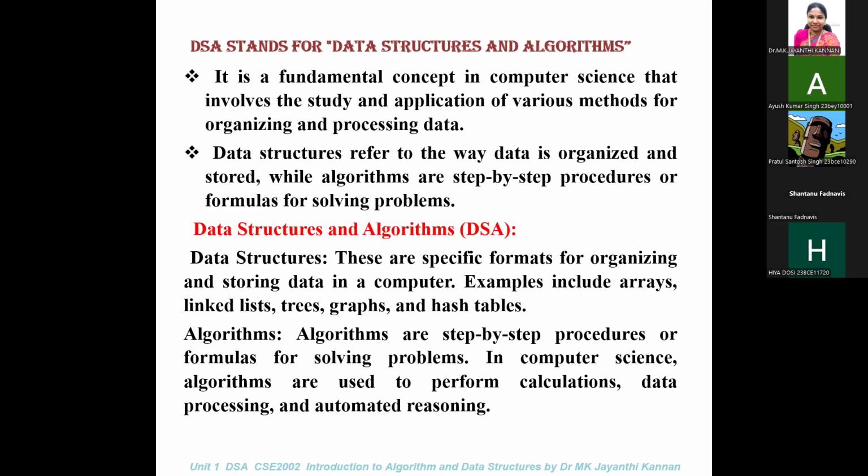The data structures are user-defined data types, maybe arrays, linked list, stack, queue, trees, graphs, all those things. Examples include arrays, linked list, tree, graph and hash tables. Algorithms are step-by-step procedures or formulas for solving problems in computer science, used to perform calculations, data processing and automated reasoning.